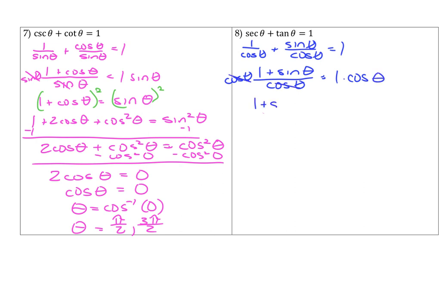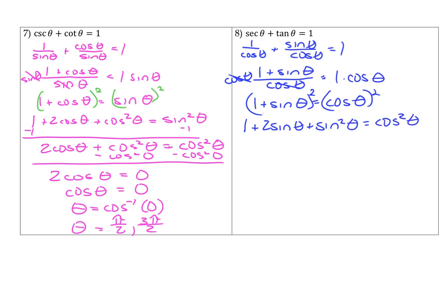So 1 plus sine theta equals cosine theta. I'm going to square this and square that, so I get 1 plus 2 sine theta plus sine squared theta equals cosine squared theta. Subtract that 1.